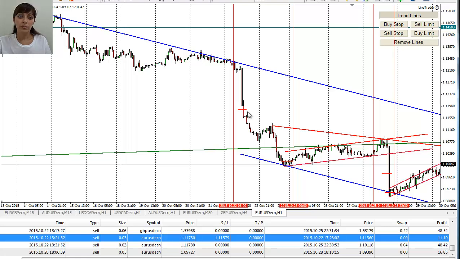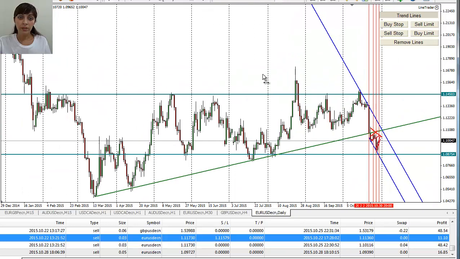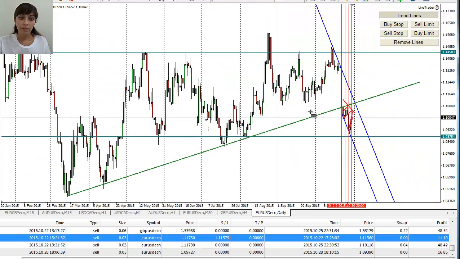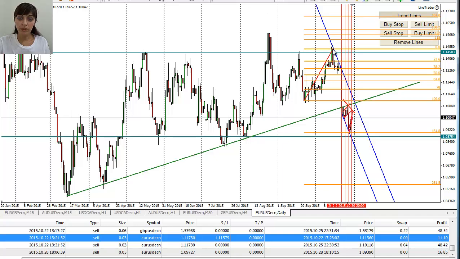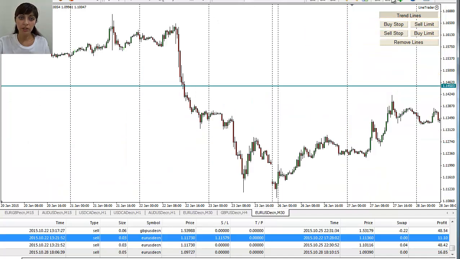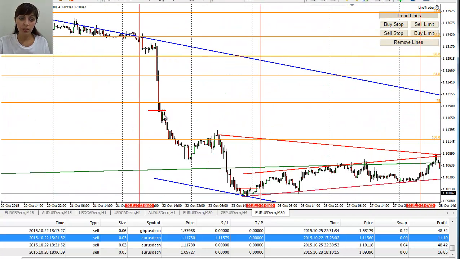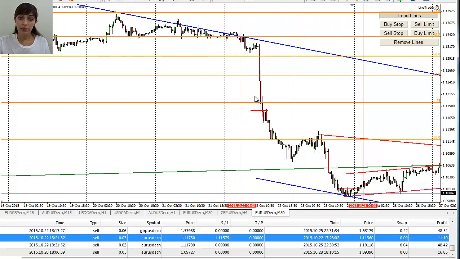And if you remember, I came out here, and I will go back to a bigger time frame. You can see I used Fibonacci lines to think where I should come out of the trade, and it was around level 78 for that movement, and this was my main decision.